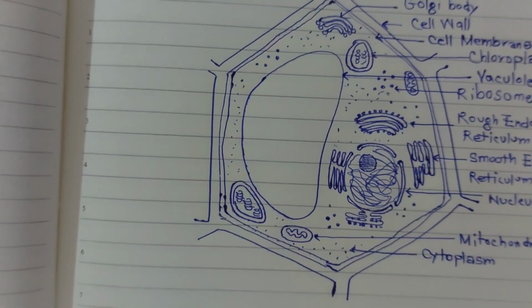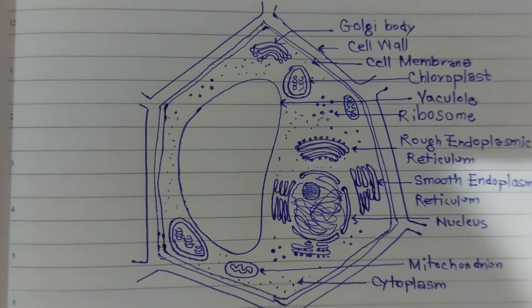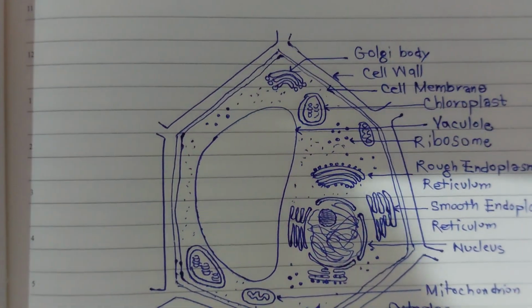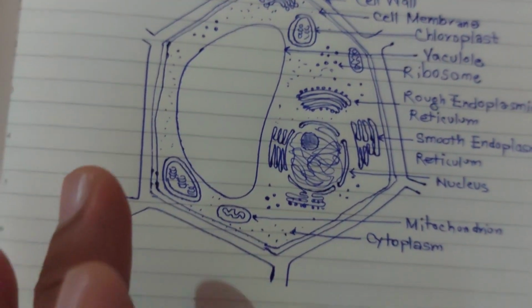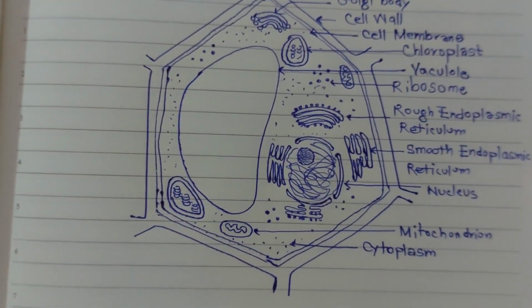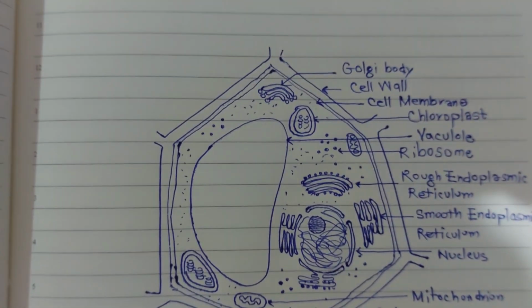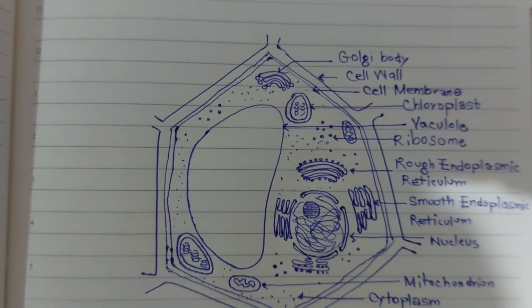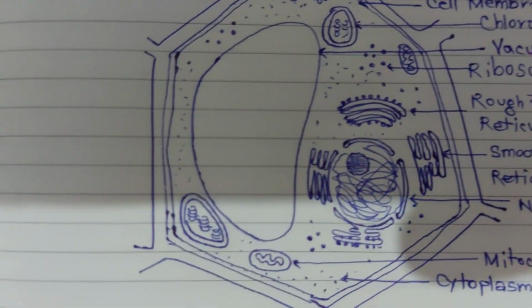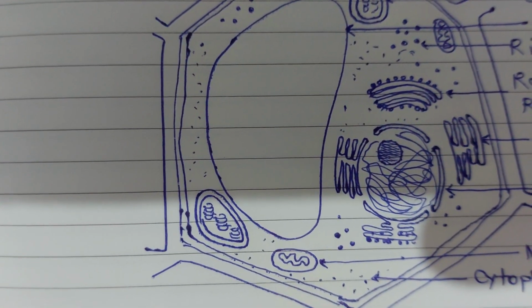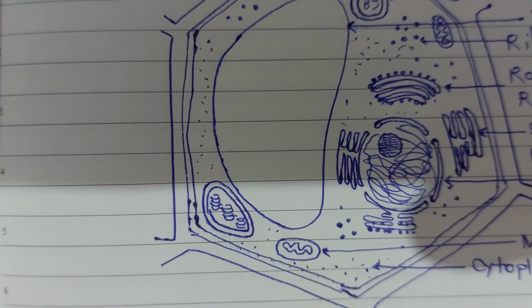When you come in higher classes, you study more, there is clarity in your concepts, so you can add more things. This diagram will be sufficient for class 9th, definitely sufficient for class 8, more than sufficient for class 8, and yes, it will serve the purpose of class 11th also.